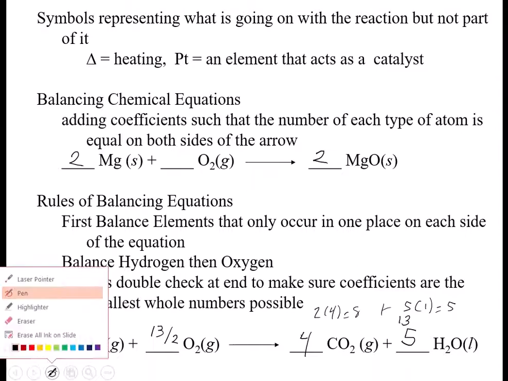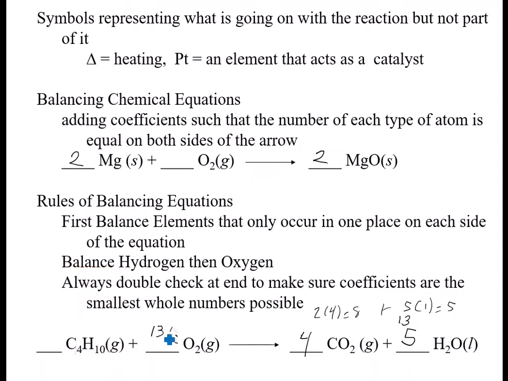But I don't want a fraction as my final equation. So what I'm going to do is multiply by whatever the denominator is in this fraction, which here is 2. It's most commonly 2, but it doesn't have to be. It could be 3 for ozone or something. So I'm going to multiply everything by 2. So 1 times 2 is 2. 13 halves times 2 is 13. 4 times 2 is 8.